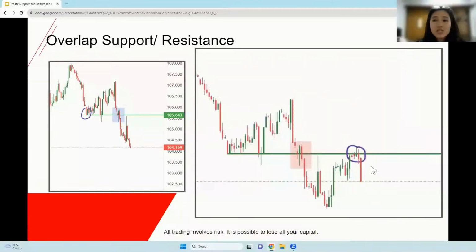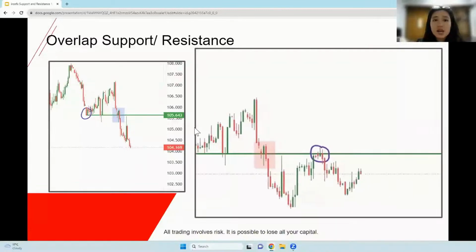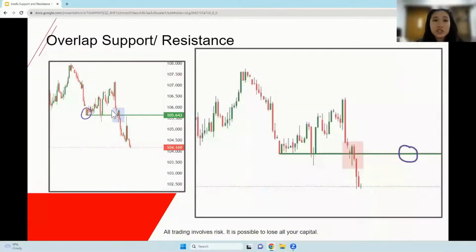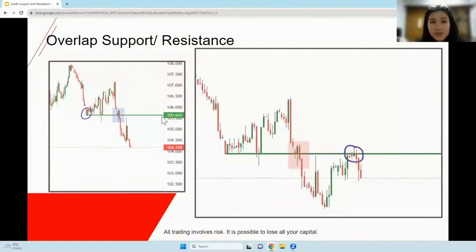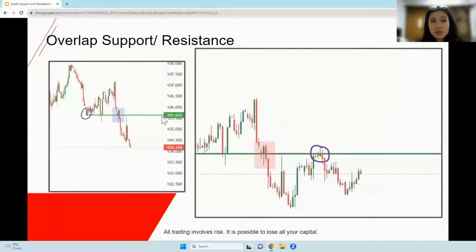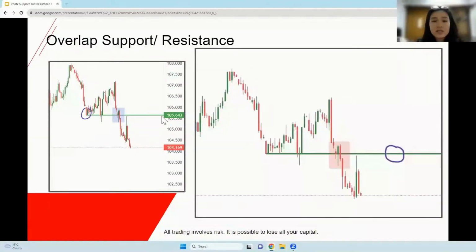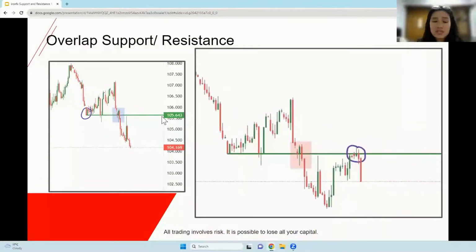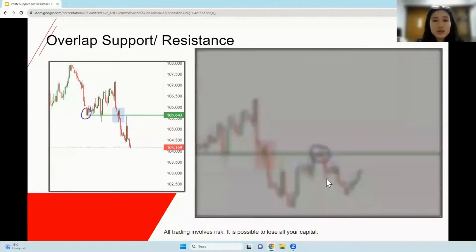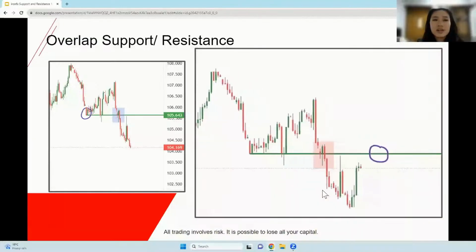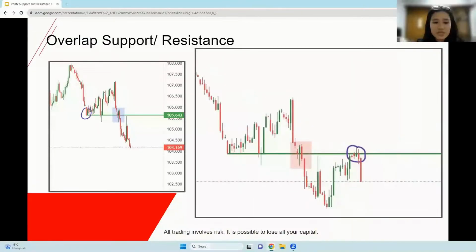You can see here, in the original image, the minute that price broke out of the swing low support level, it is then considered a pullback resistance. And once price retraces to that level and reverses off of it, then it is an overlap resistance.